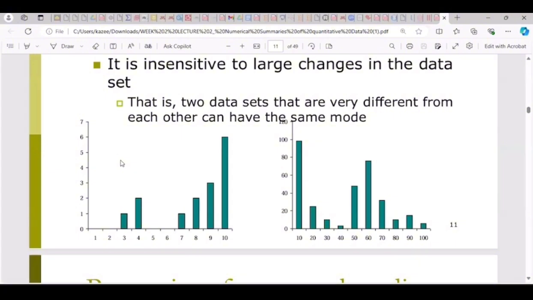That doesn't make sense. Does that make sense? Let me say that one more time. With mode, you could have two different data structures and they could have the same mode, despite the fact that they are different.